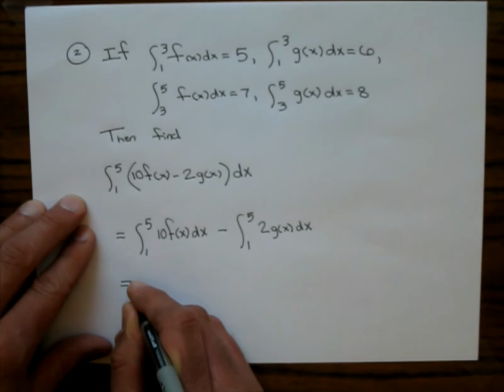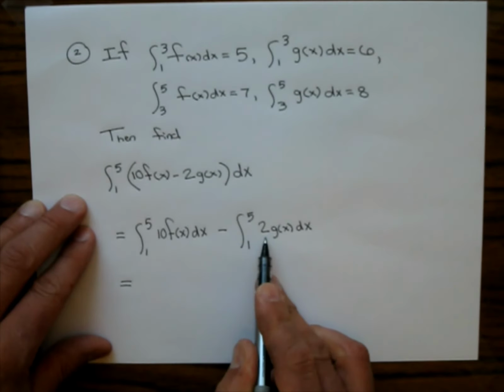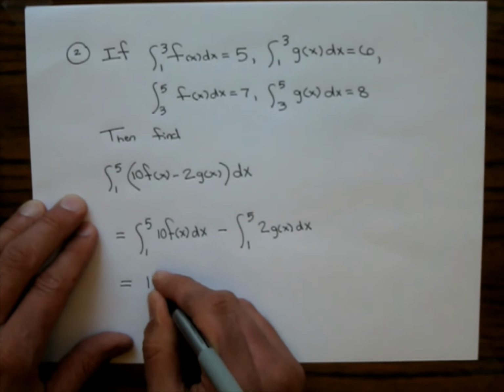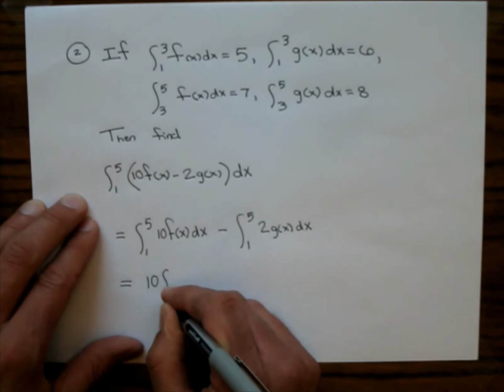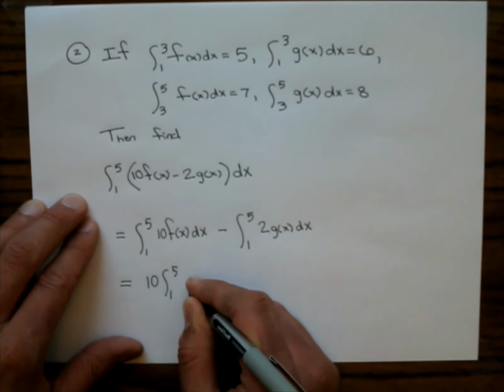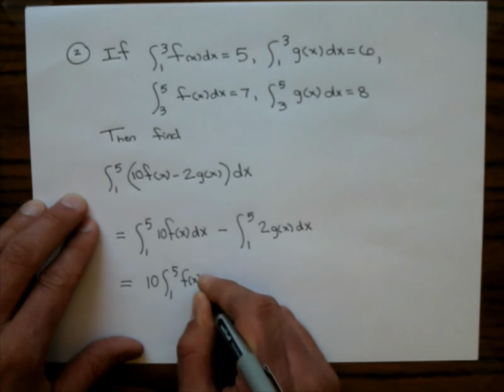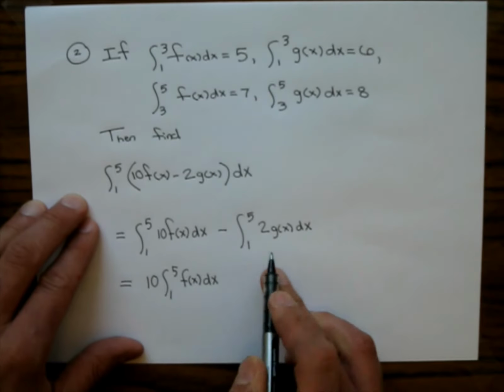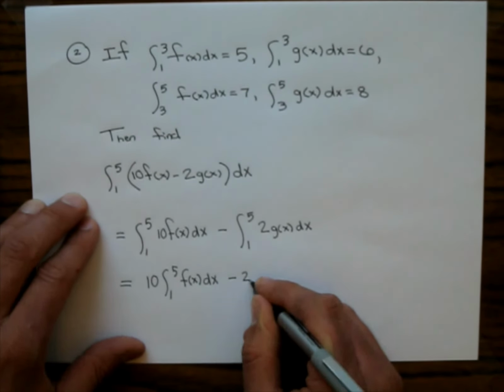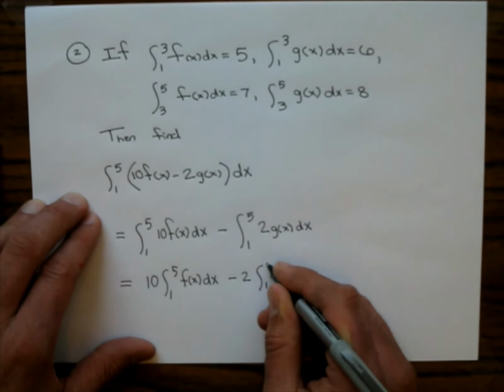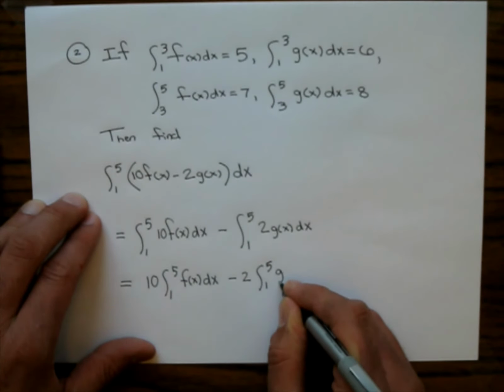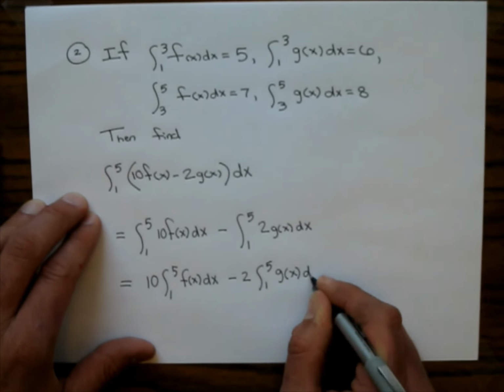Then we have that other property that says we can factor these constants out in front of the integral sign. So 10 times the integral from 1 to 5 of f(x) dx, minus 2 times the integral from 1 to 5 of g(x) dx.